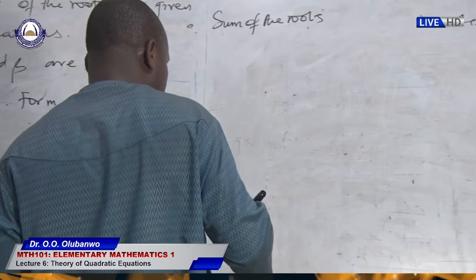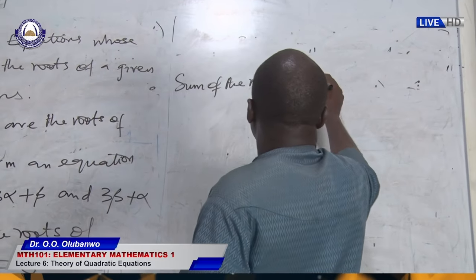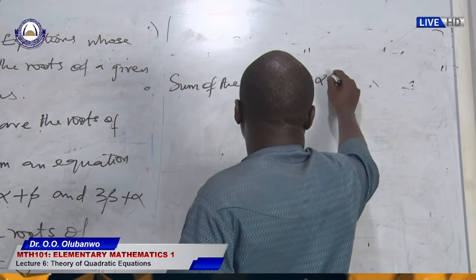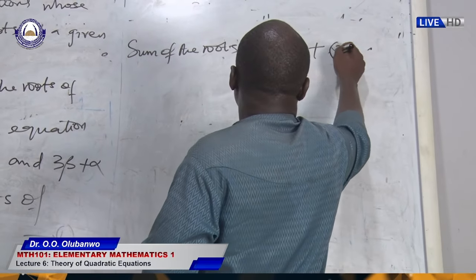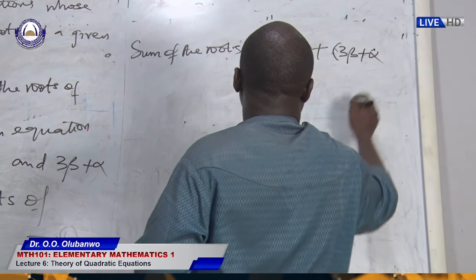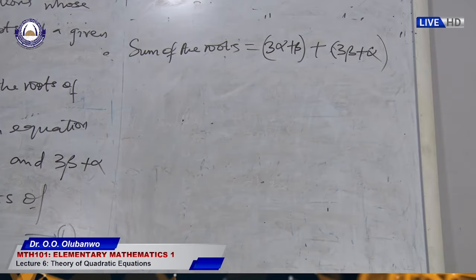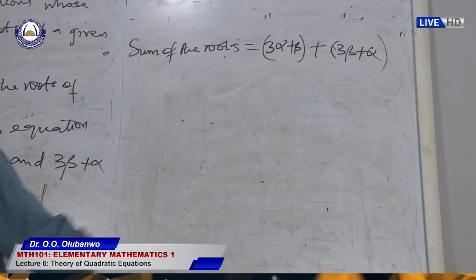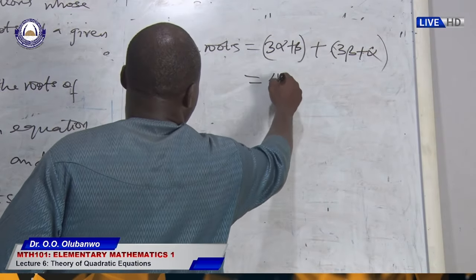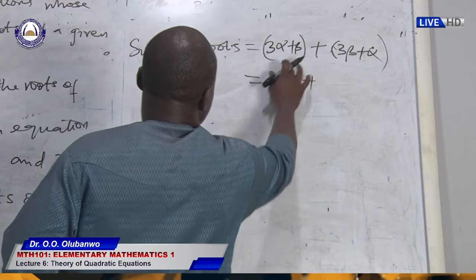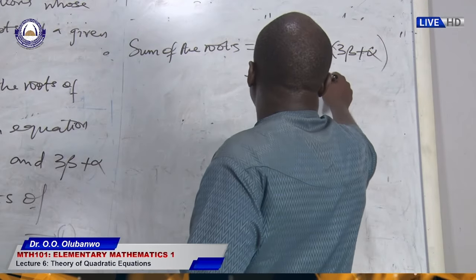The sum of the roots will be 3 alpha plus beta, plus 3 beta plus alpha. So this gives us 3 alpha plus alpha, that's 4 alpha, then beta plus 3 beta gives us 4 beta.